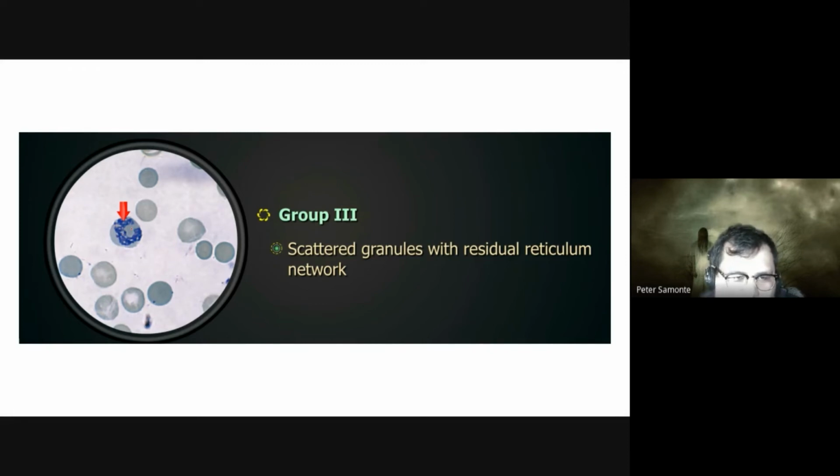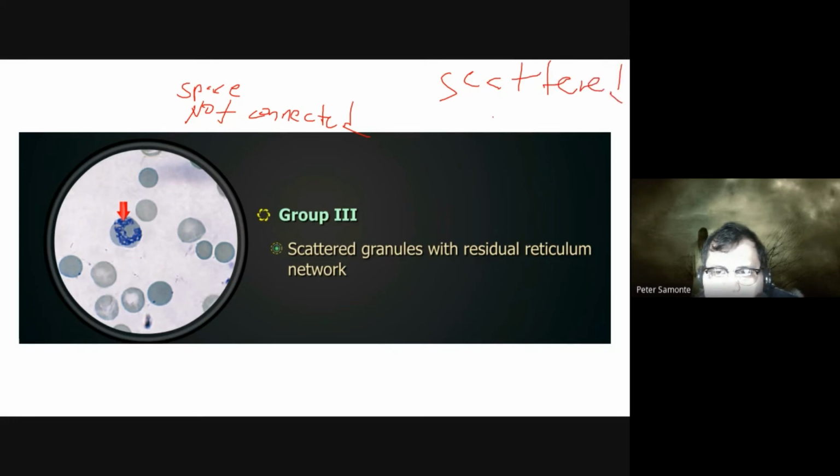So this time class, you would see a space and hindi sila connected. They would tend to be scattered, kalat-kalat. Minsan far from each other. So pwedeng may ganyan dito, may ganyan dito.